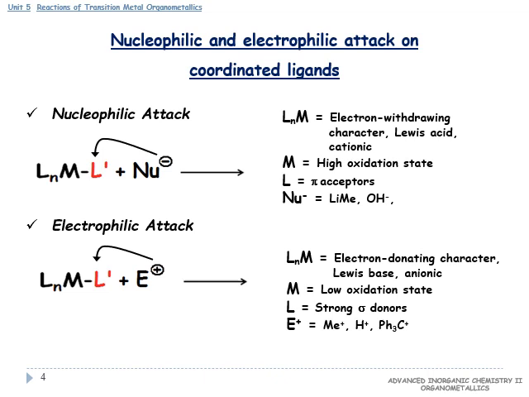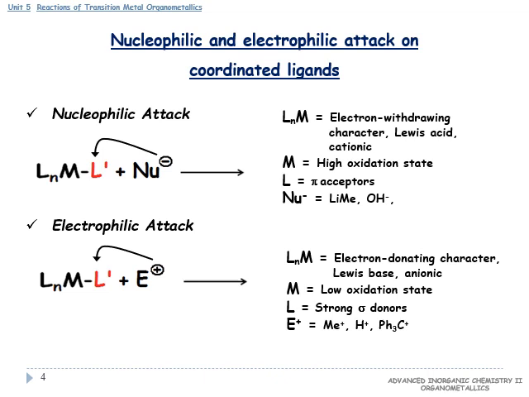The electrophilic attack is favored when the complex has an electron donating character. It is a weak sigma acid but a strong pi base. For example, if the complex has a net anionic charge, a low oxidation state metal, and ligands that are good donors.